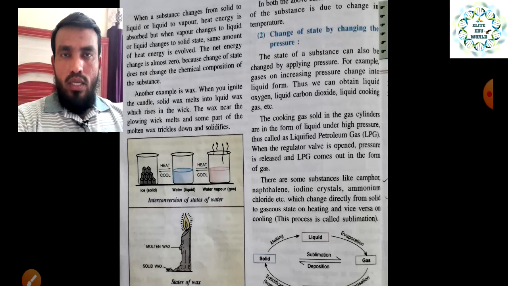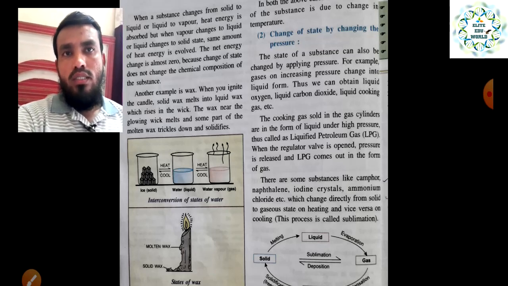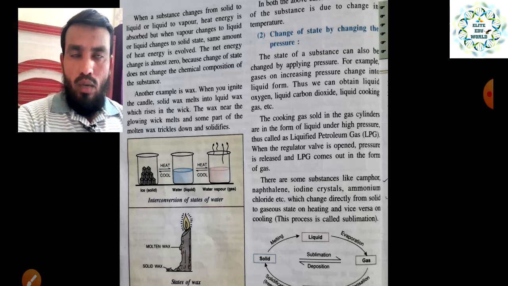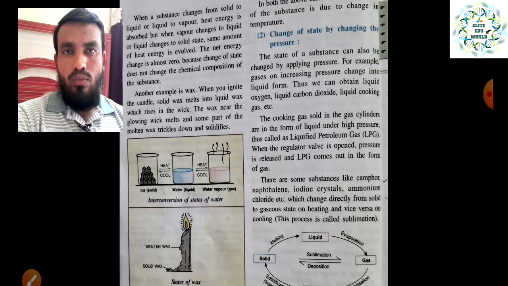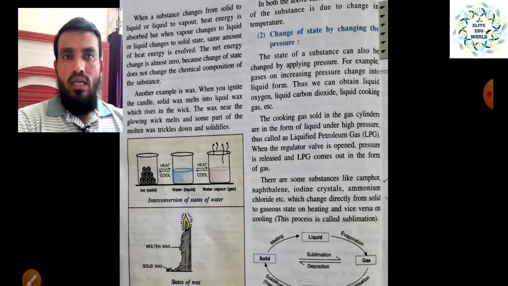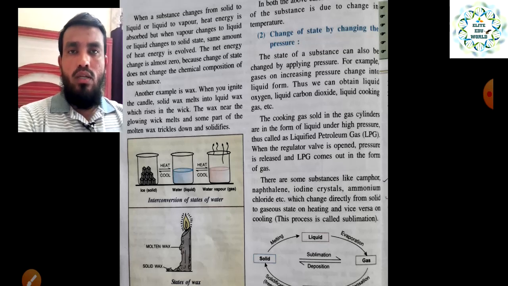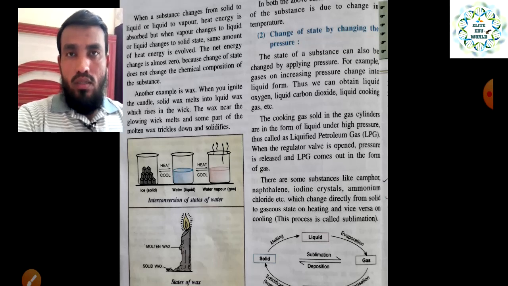Because heat is lost or absorbed when the molecules change from solid to liquid or liquid to gas, and when we do the opposite, from liquid to solid, the heat is released. So in both forms the energy is balanced, and that is why the chemical composition is not changed. If we want to change the chemical composition, there is a need for the breakdown of the molecules, and their sequence will be changed. So that is why the properties remain the same.